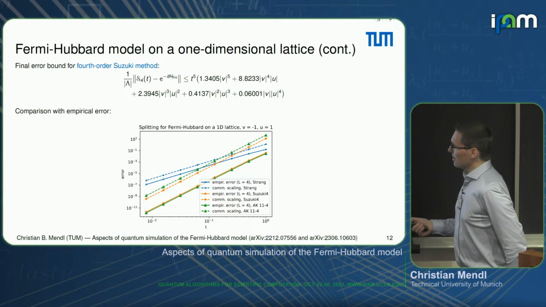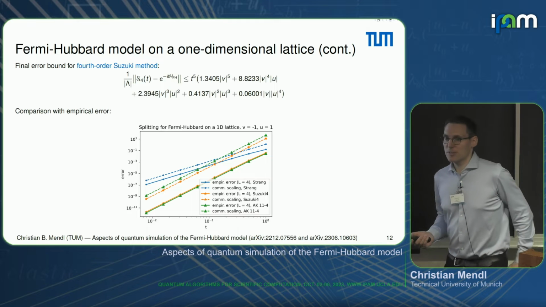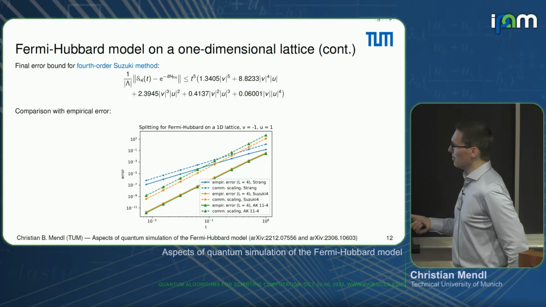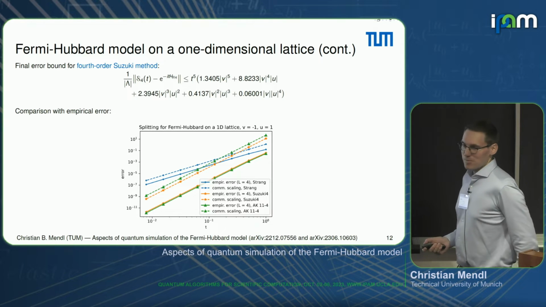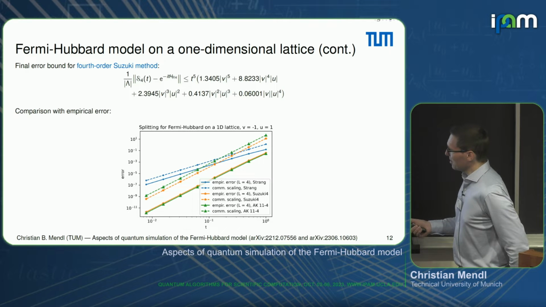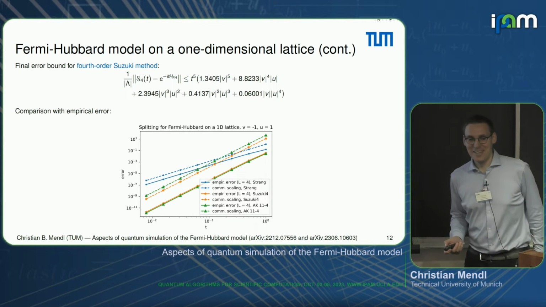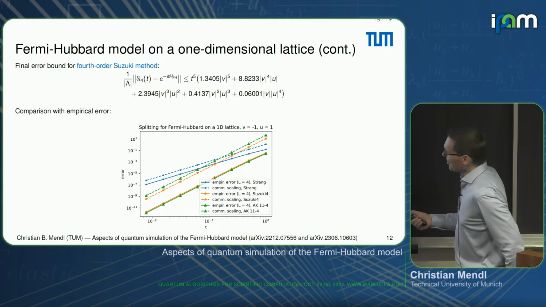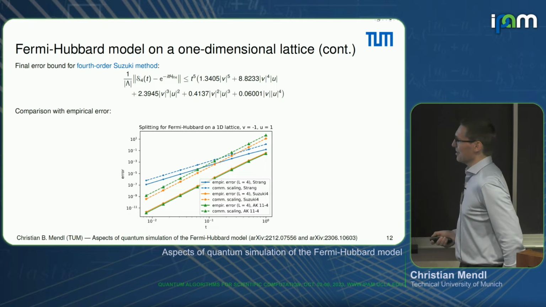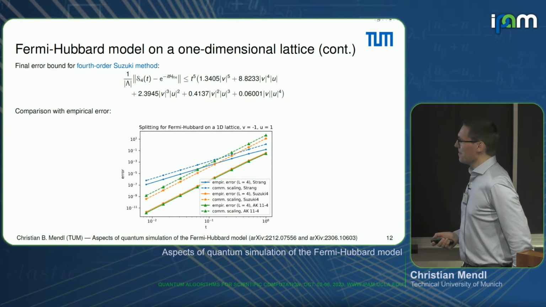The dashed line is the bound, and you see that it's still not sharp, so it overestimates the error. It would be a bit strange if it were below the solid line, but it's not coinciding with the solid line either. So it's not a sharp bound.